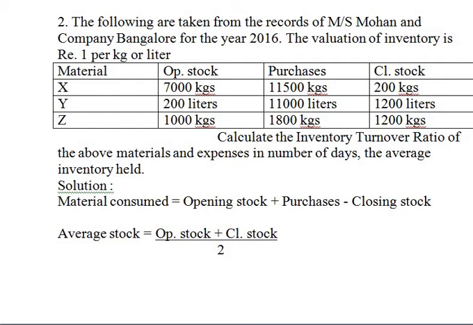Material X, Y, Z: opening stock, purchases, as well as closing stock are given. Now calculate the inventory turnover ratio of the above materials and express in number of days the average inventory held. Similar type of problem, again we will solve it.